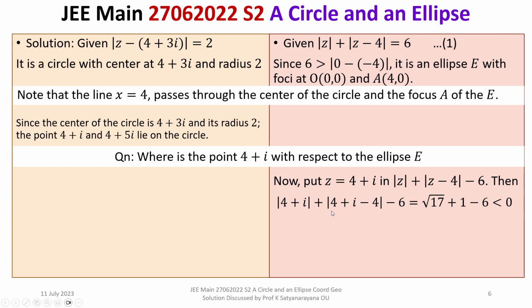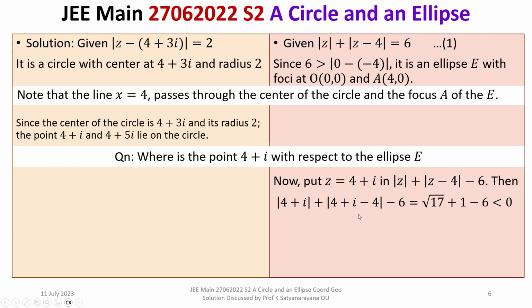Mod of 4 plus i is the square root of 4 squared plus 1 squared, that is root 17. The 4 cancels in the second term, and mod i is 1. So we get root 17 plus 1 minus 6. Square root of 17 is a little more than 4, say 4.1; it cannot be 5. So 4 point something plus 1 is 5 point something, minus 6 is negative.